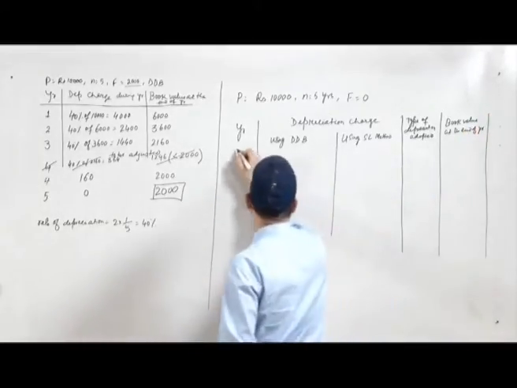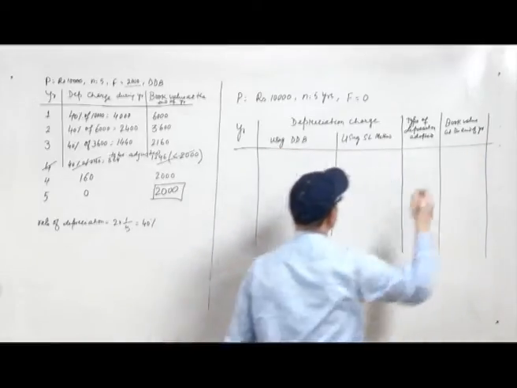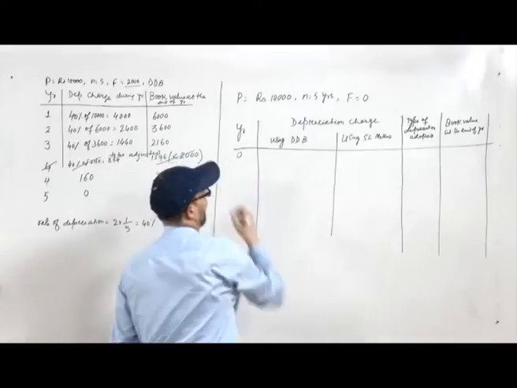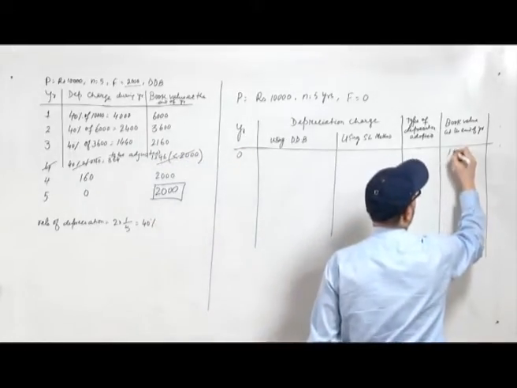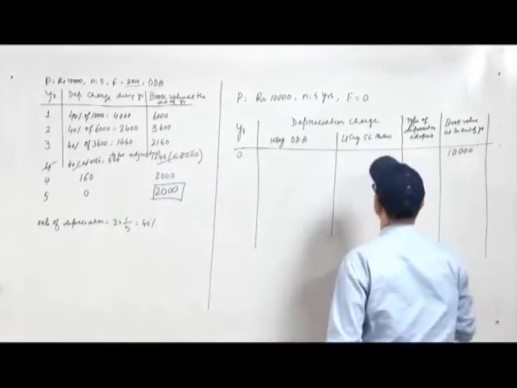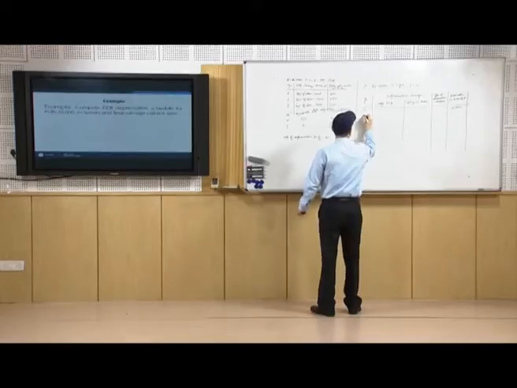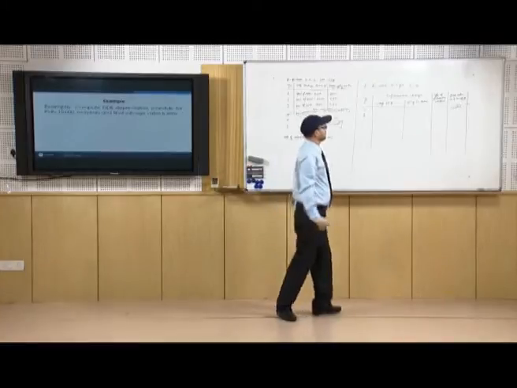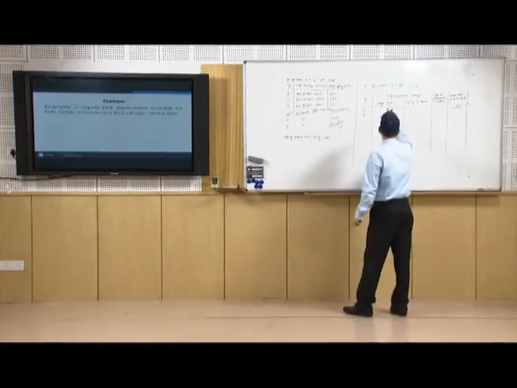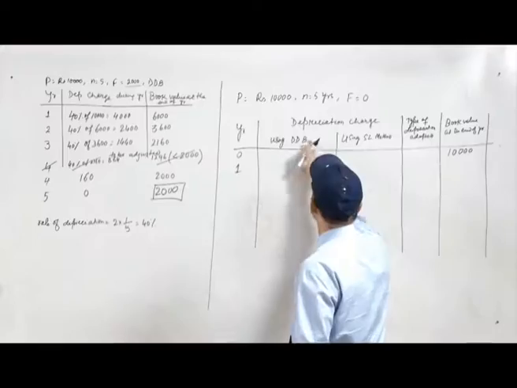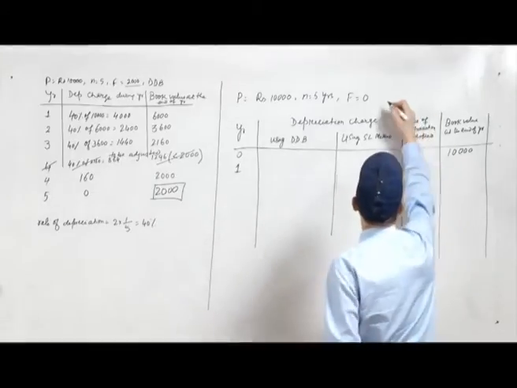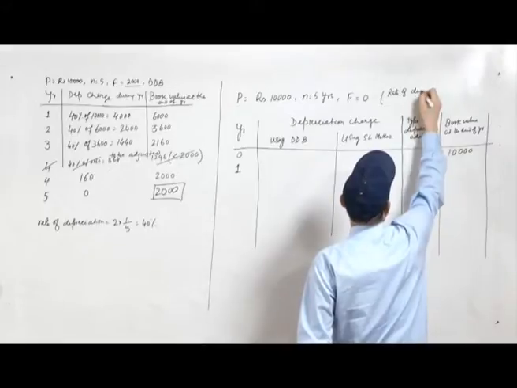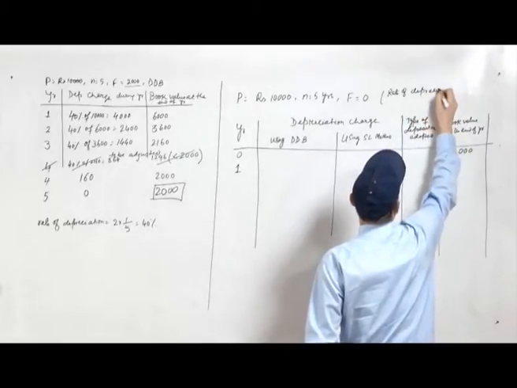Now, let us say at year 0, at the end of the year, you have a value of 10,000. During the first year, if we calculate the double declining balance, your rate of depreciation using DDB is 40%.